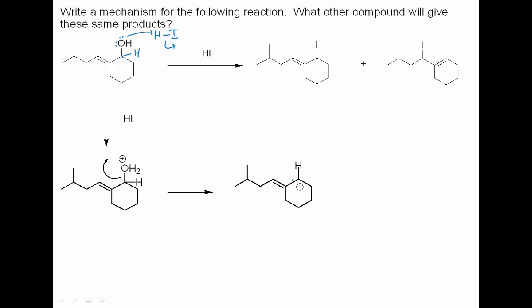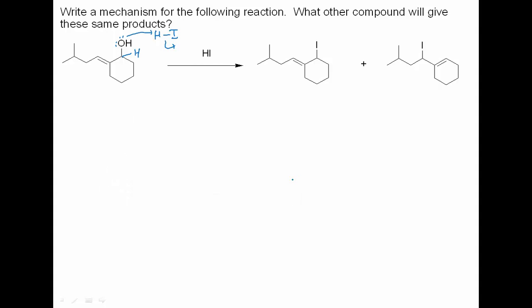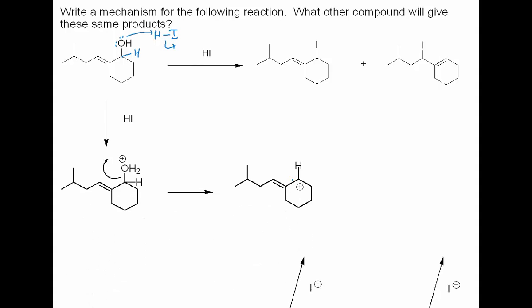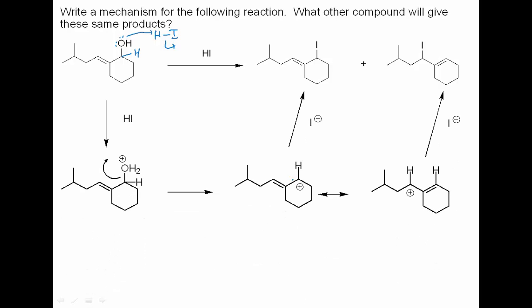All right, so once we have that, it's going to react with I- to produce the first compound, and of course since it's an allylic carbocation, we can't deny that it's going to have a resonance structure that basically swaps the location of the carbocation and double bonds, and this is going to lead to the other product right here.